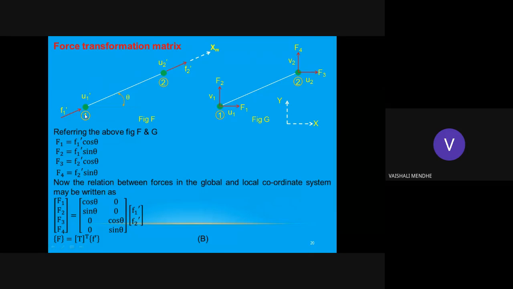So we have converted the local force to the global forces F1 and F2 by finding its components. Here you can write F1 is equal to F1' cos theta, F2 is equal to F1' sin theta. This is for node 1. Similarly at node 2, you can write for F3, which is equal to F2' cos theta, the x component of F2', where this angle is theta with respect to x and the local axis.